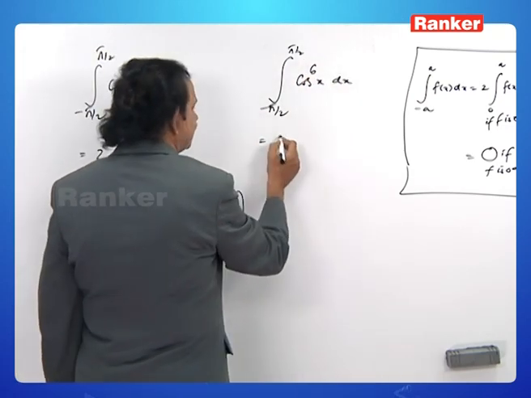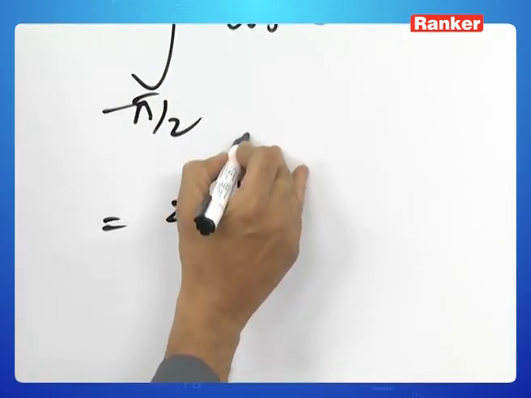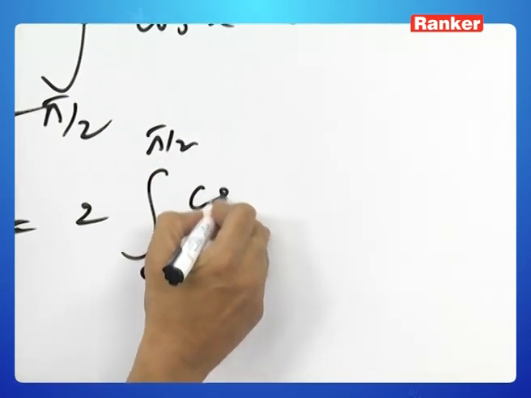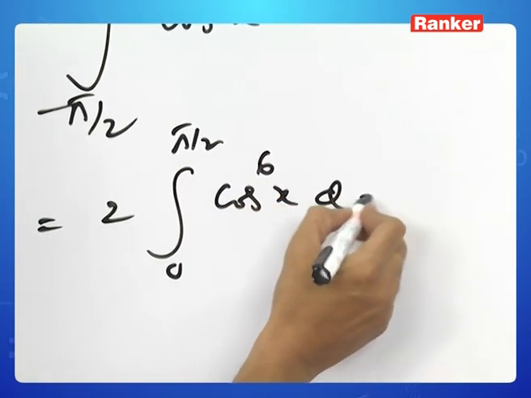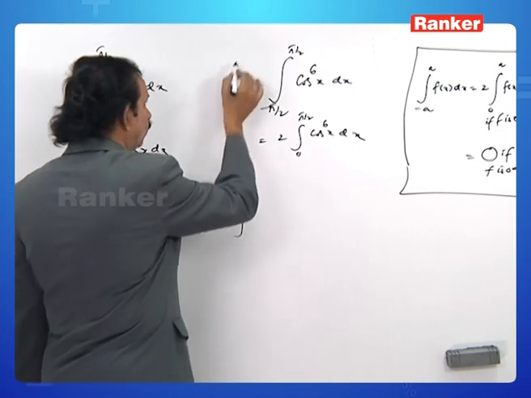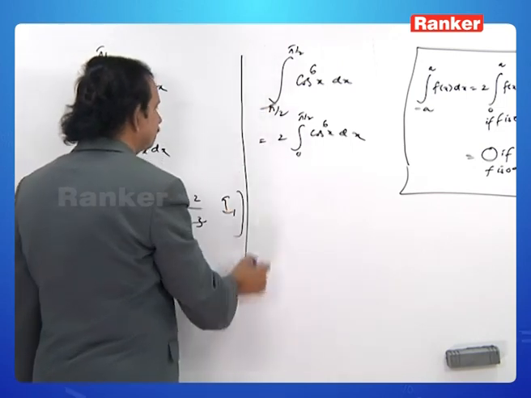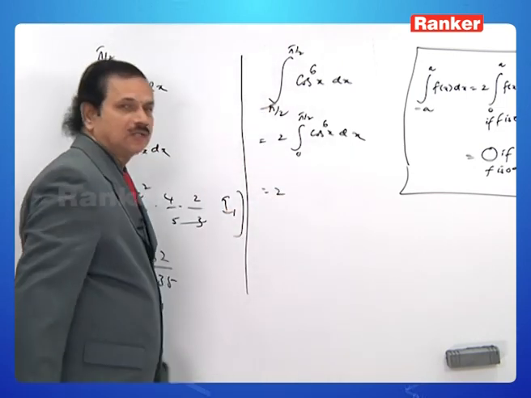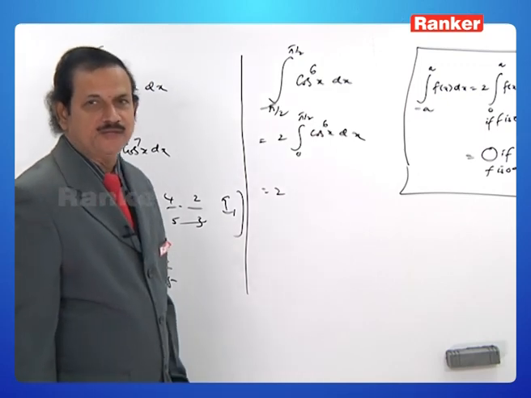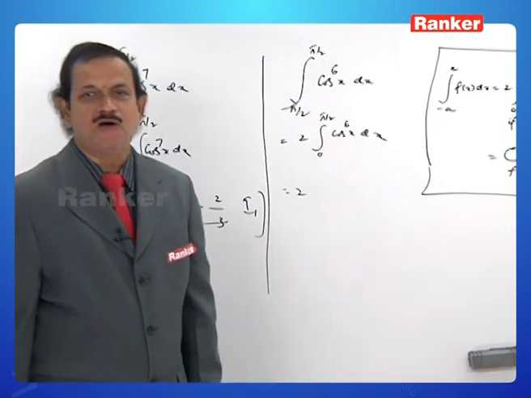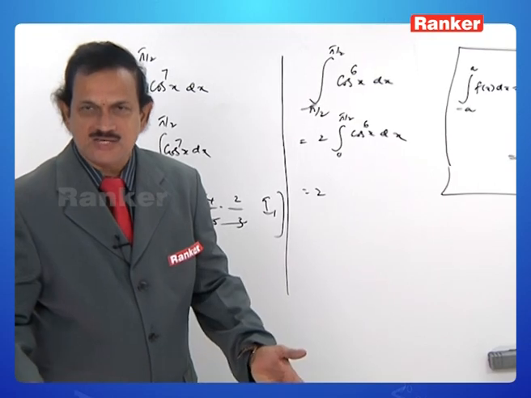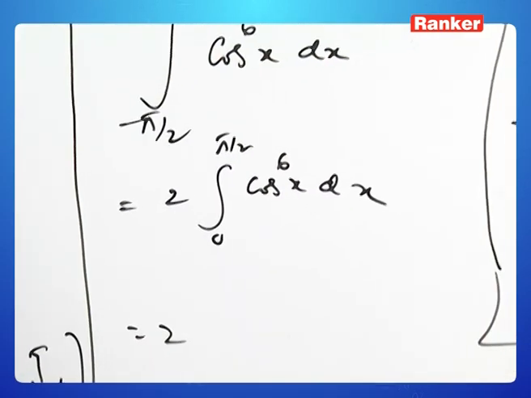Hence, it can be taken as 2 into integral 0 to pi by 2 cos power 6x dx. Again, it is in the standard form of I6, isn't it? Instead of In, we have I6.